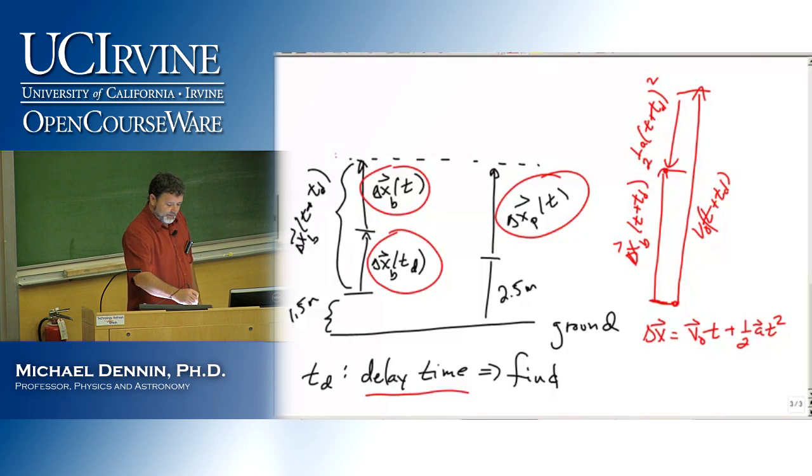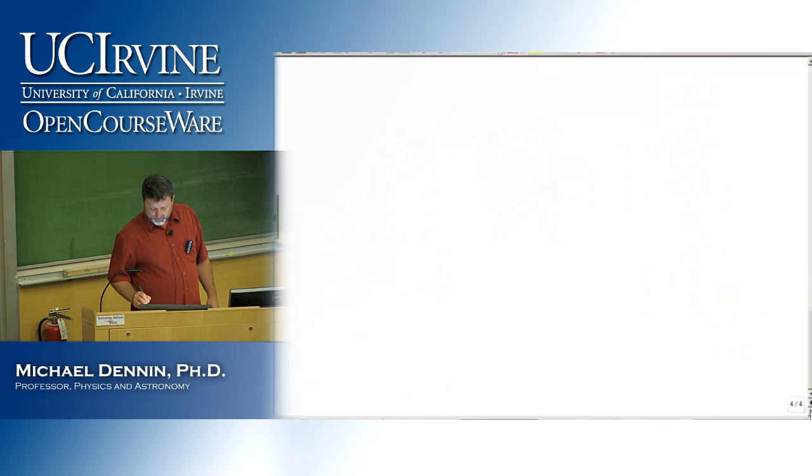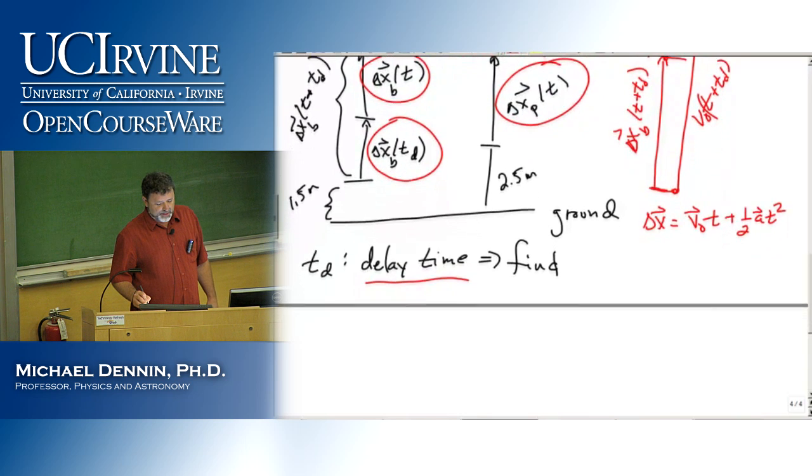And notice these two displacements are what are equal, because that's the time t and that's the same position. So this is my same position, same time. Now, for the person, it's the same thing, right?